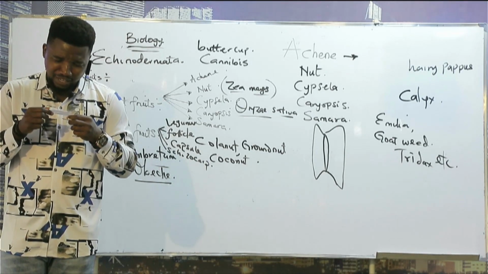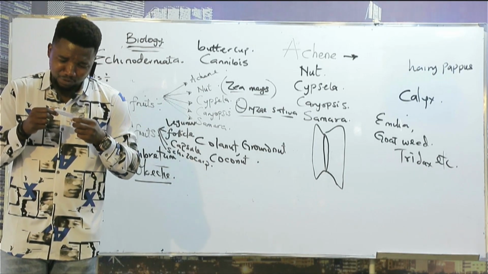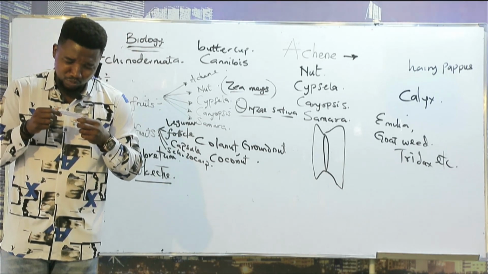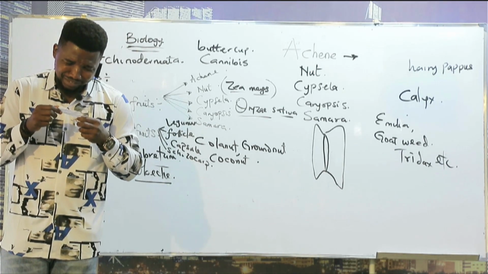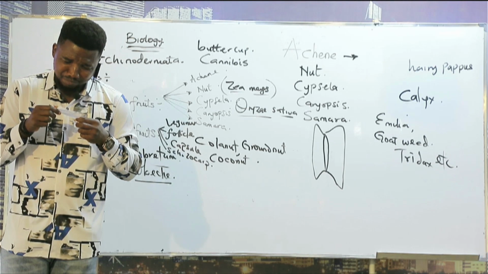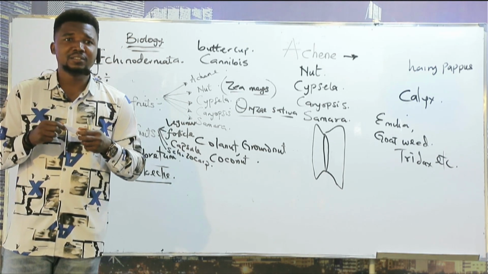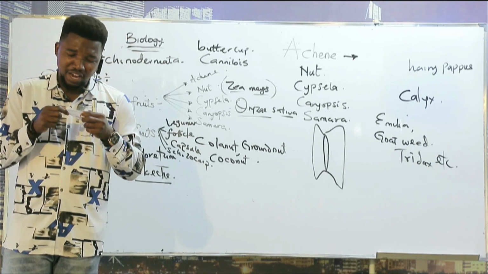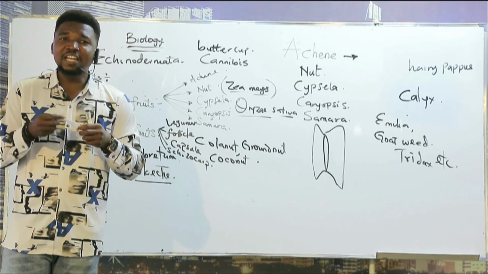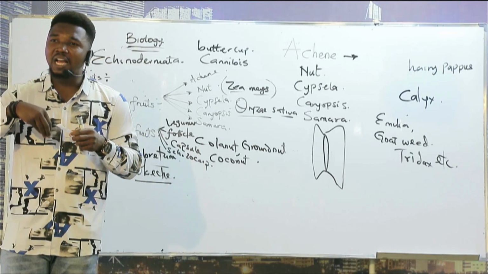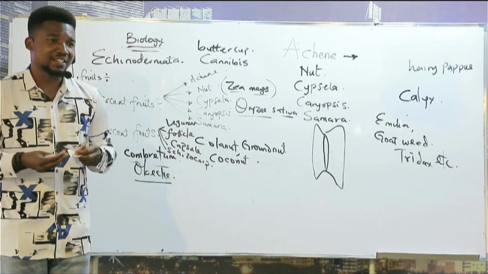Uncle, is it true that if you want a fruit to be sweet, pour in sugar? You pour in sugar if you want it to be sweet. Okay, let me understand.